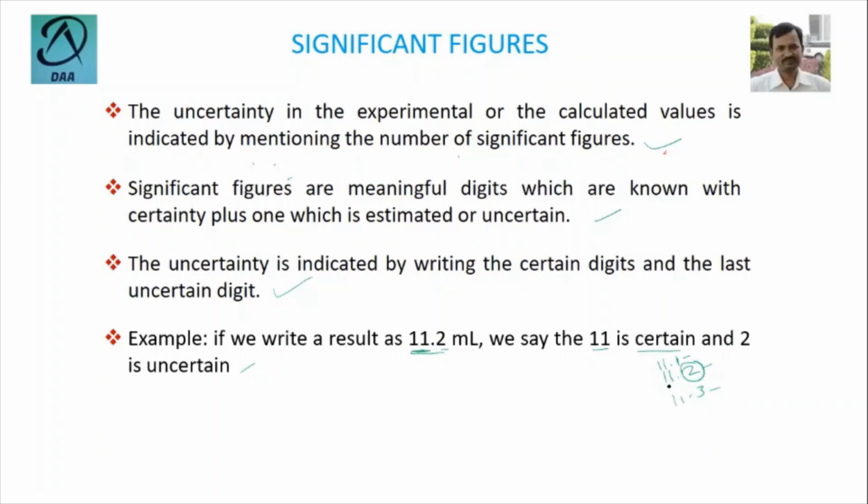So if you write the significant figure number, these 2 digits, that means 2, plus the uncertain figure 1, ultimately it is 3.